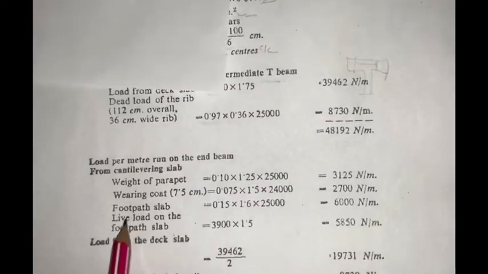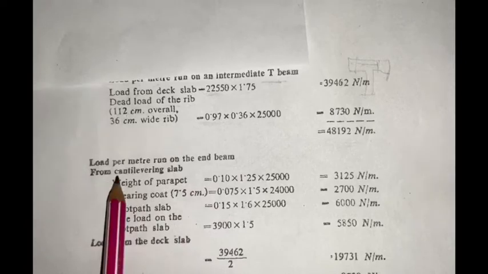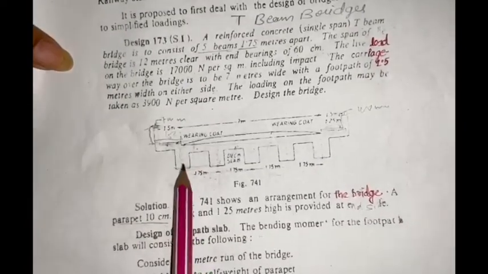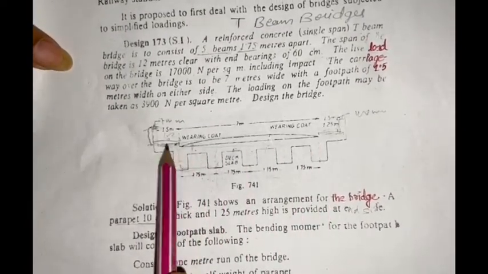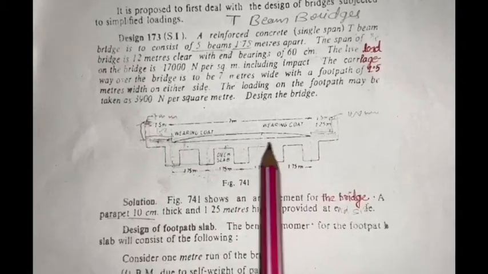Okay, now we will find for the end beam, and for end beam we have 2 cantilevers, that is, this is end beam, and this is one cantilever slab, and this is another cantilever slab of footpath.